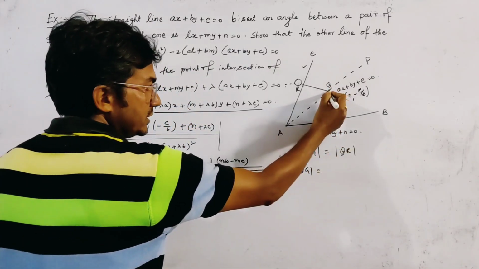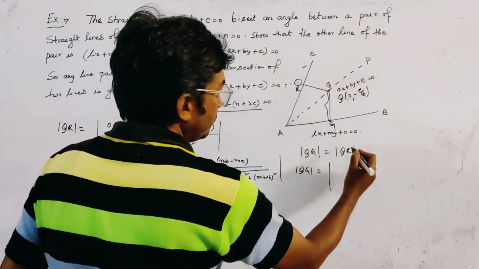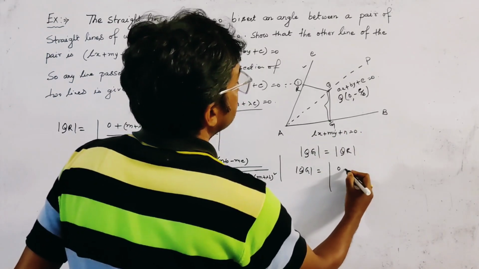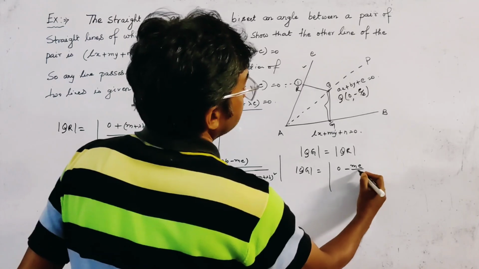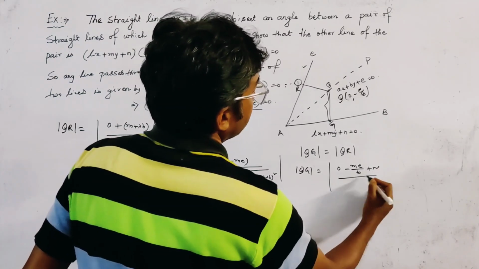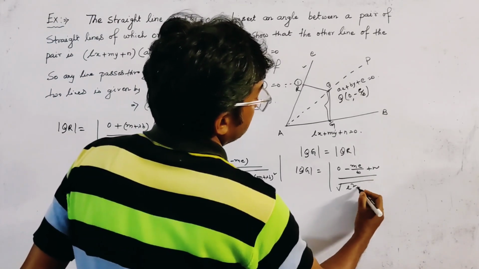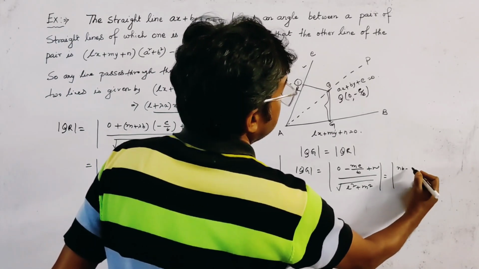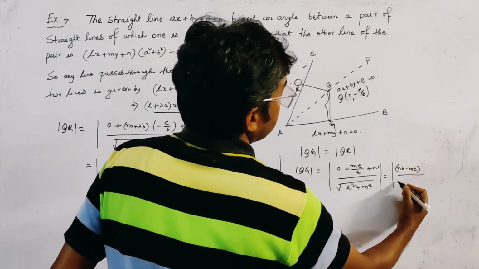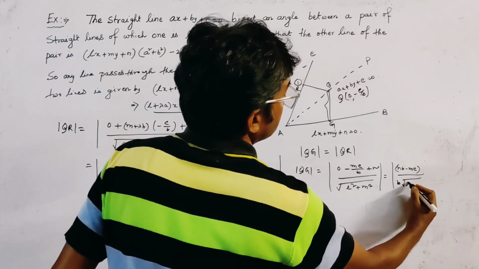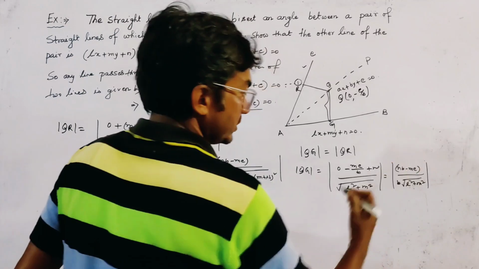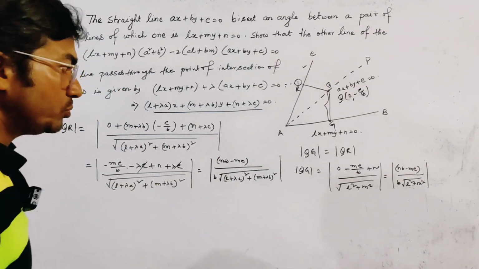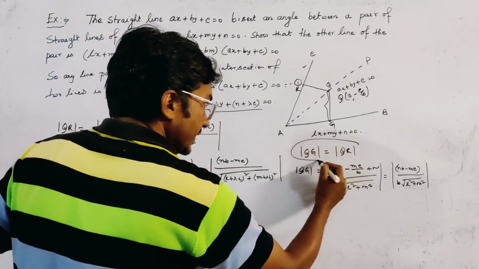Clearly it is given by mod of, this is the line lx plus my plus n equals 0, so 0 minus mc by b plus n, by root under L square plus M square, and this is equal to nb minus mc by b into root L square plus M square. Now from the definition of angle bisector, we put the result in this relation.